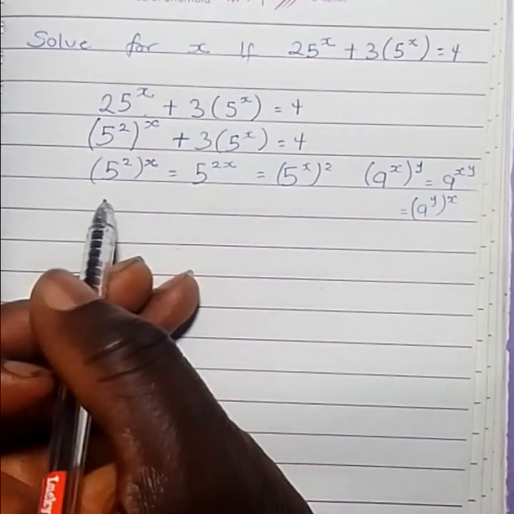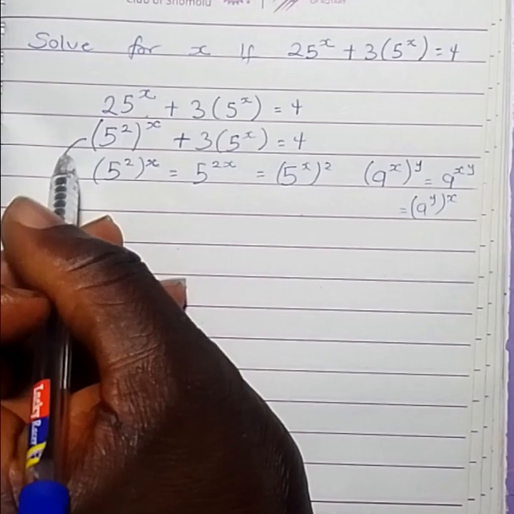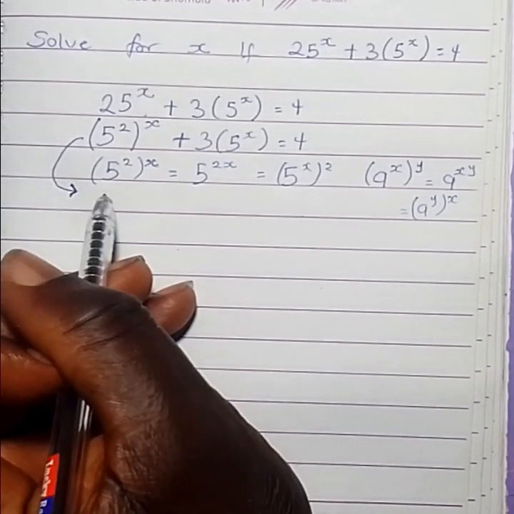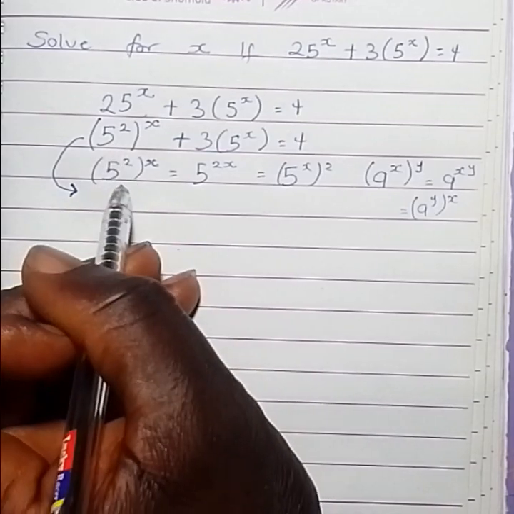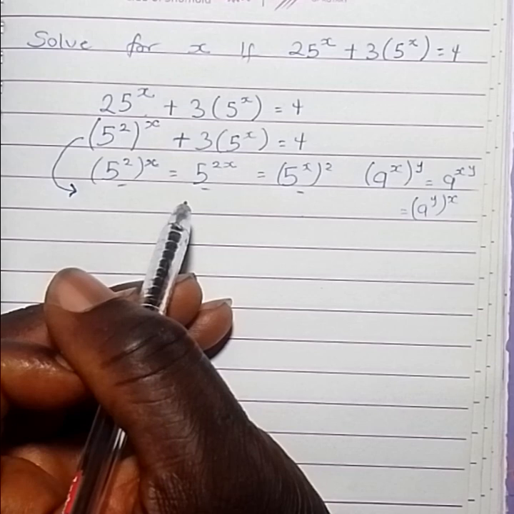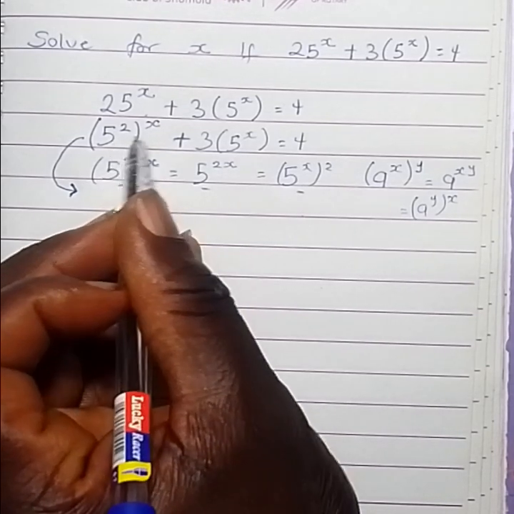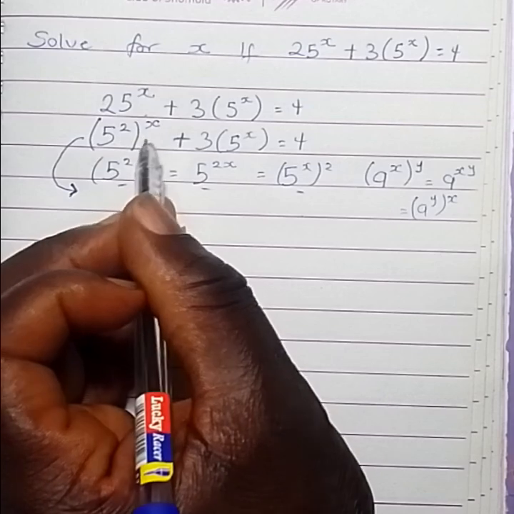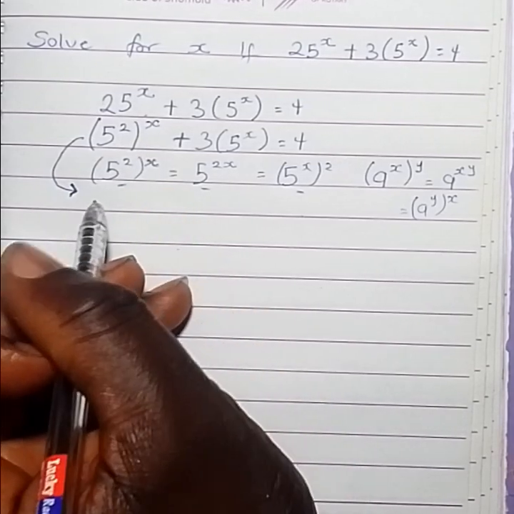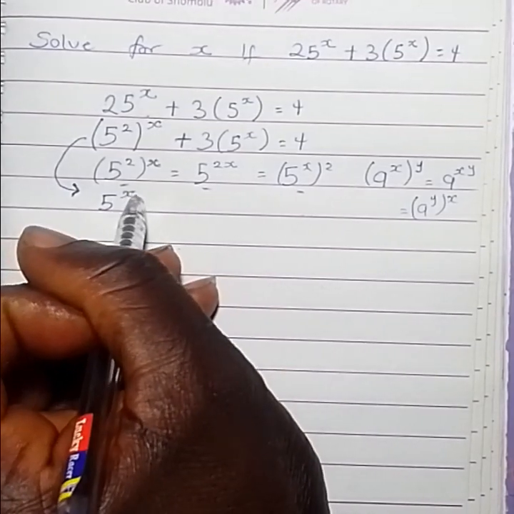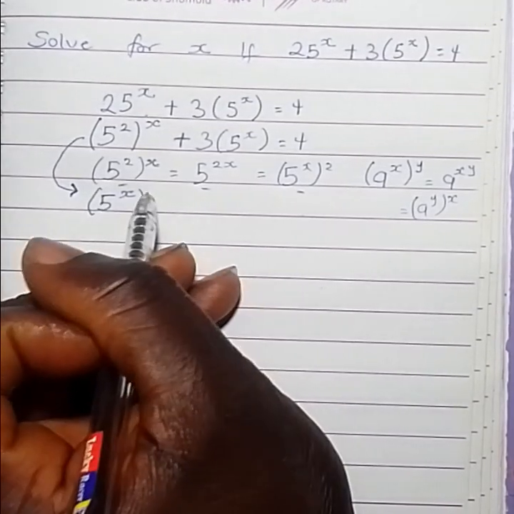So because of that, I want to rewrite this in another manner. Since this and this are equal, just for similarity's sake, I can turn 5 raised to power 2, then power of x, into 5 raised to power x, then the 2 will now be outside.